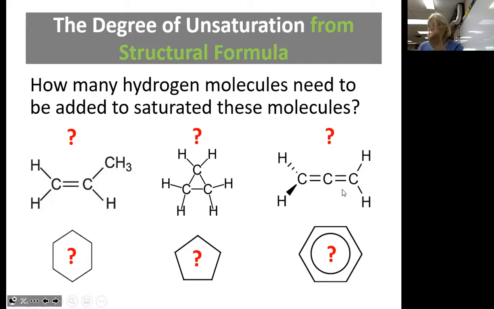That would require 2 hydrogen molecules to saturate. And down here, here you have a ring, 1 hydrogen molecule. Here you have another ring, 1 hydrogen molecule. But if you have a benzene ring, it's really the equivalent of a ring and 3 double bonds. So the IHD for benzene is 4.